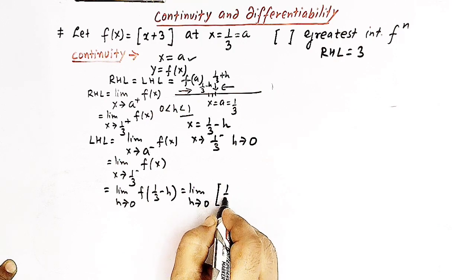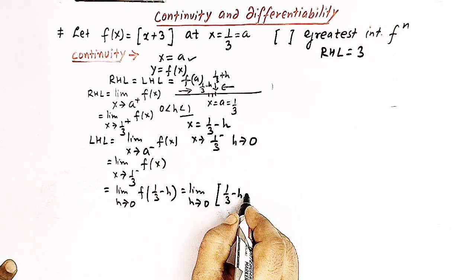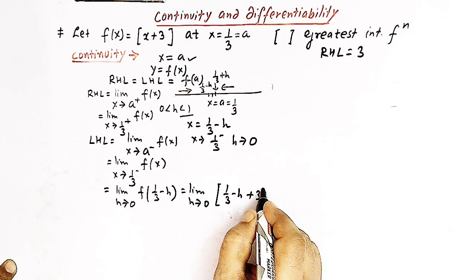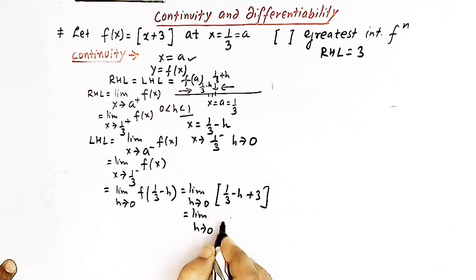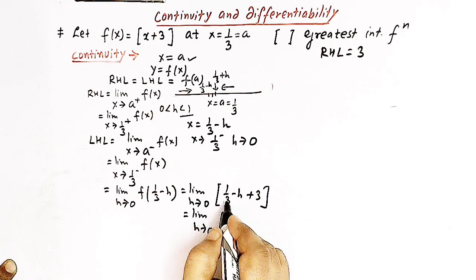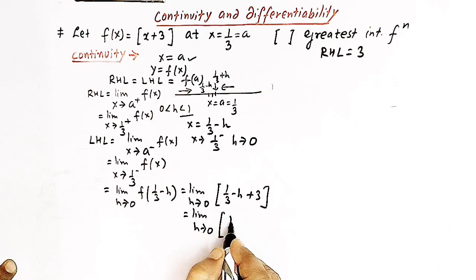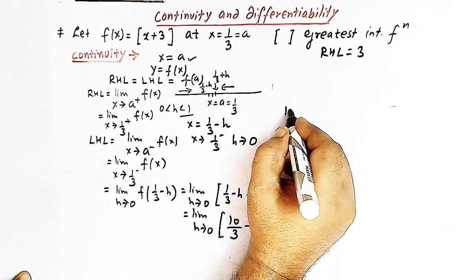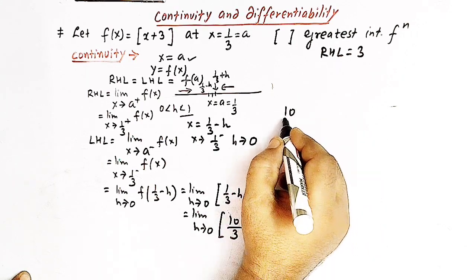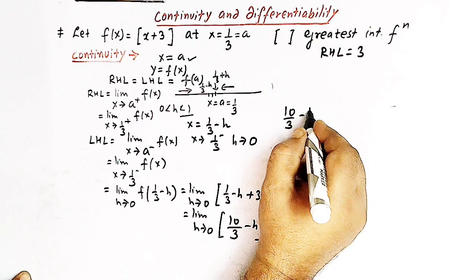So we have 1 over 3 minus h plus 3, and now we have limit h tends to 0, and we have 1 over 3 plus 3 is 10 over 3 minus h, right? So again we have here this expression, that is 10 over 3 minus h.